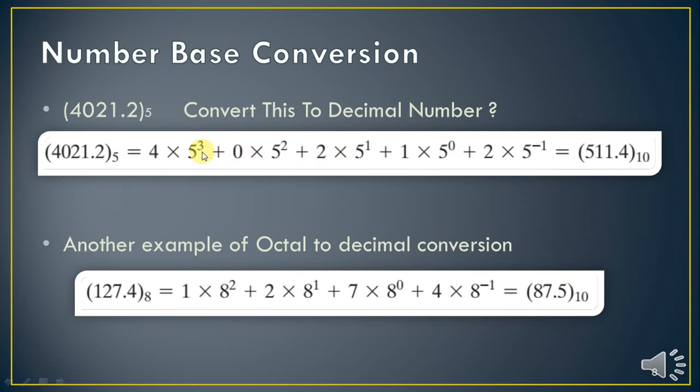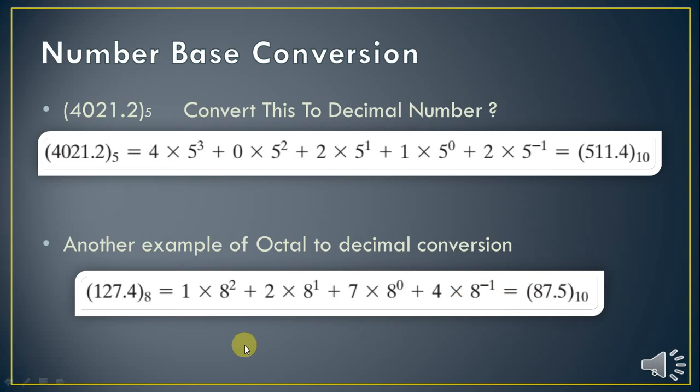If you want to learn the easy way of conversion from any number into a decimal number, the last example is shown here: 127.4 is an octal number which we should convert from octal to decimal. This is the question.